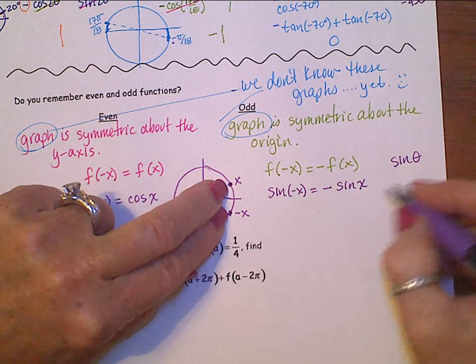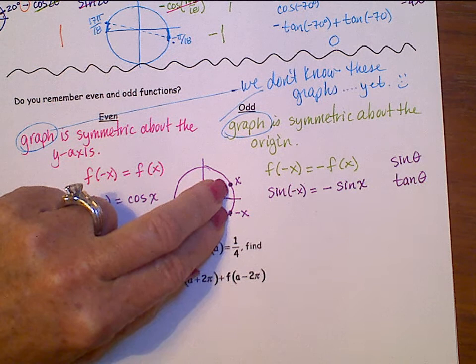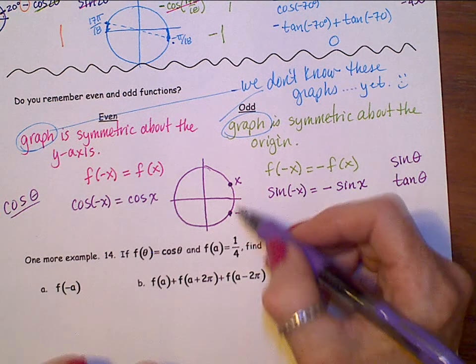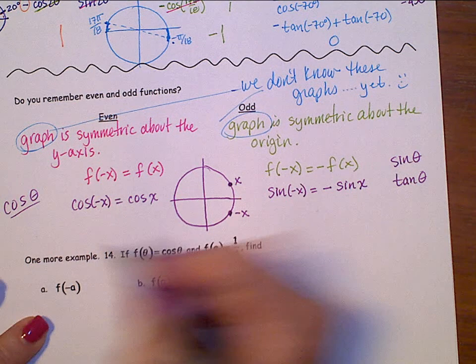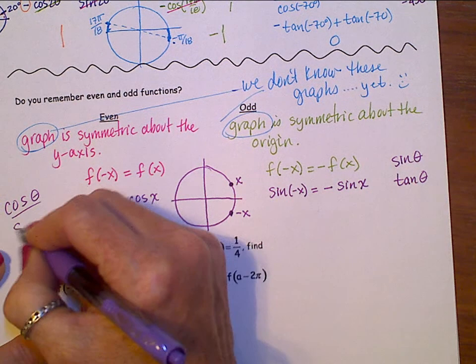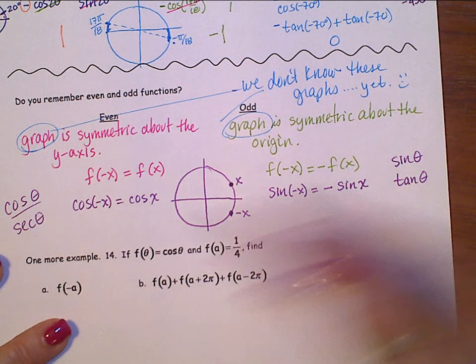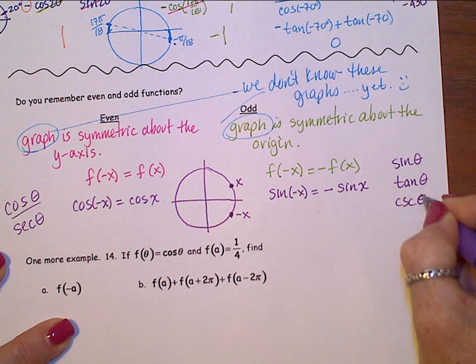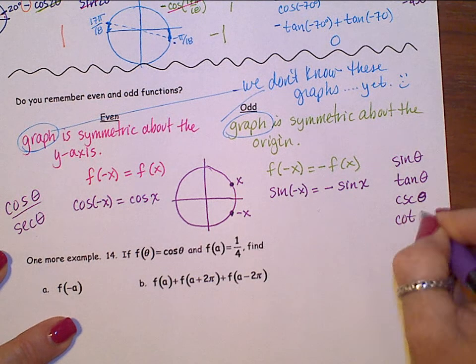They're opposites, so tangent is odd. How about secant? The secant here and the secant here, well, that's the reciprocal of cosine. So if cosine's even, then secant is even. Cosecant is also odd, as is cotangent odd.